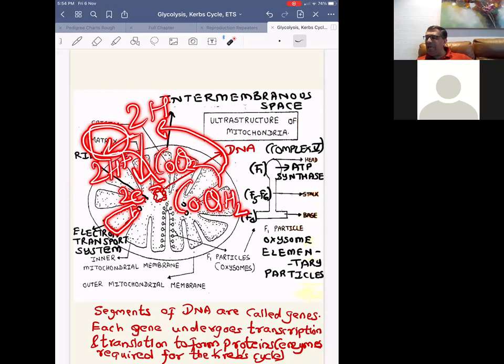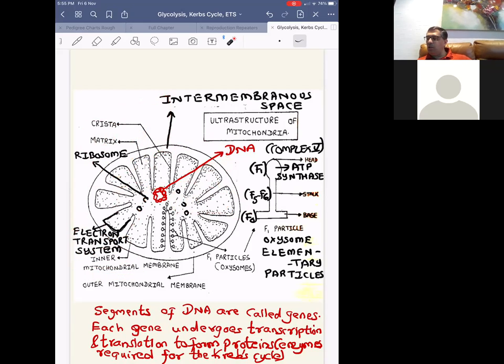If you remember, B, C1, C, A, and A3. After passing through B, C1, C, A, A3, the electrons are now accepted by oxygen, and oxygen will go back into the matrix.